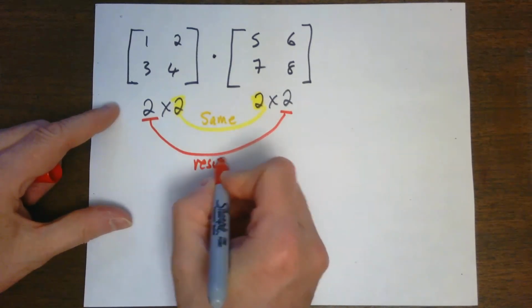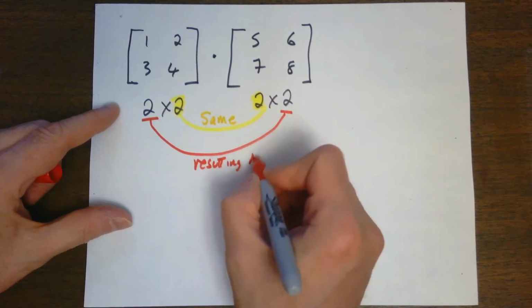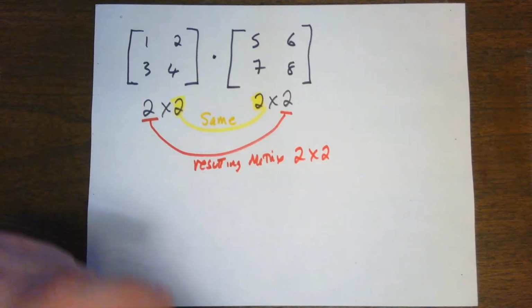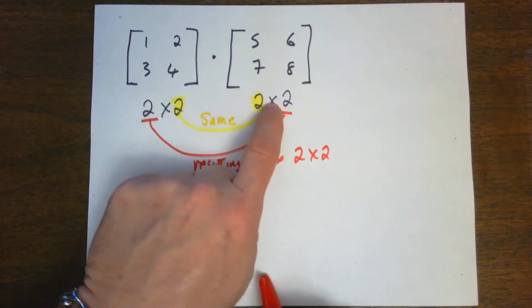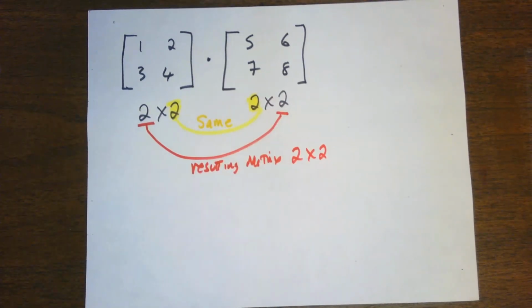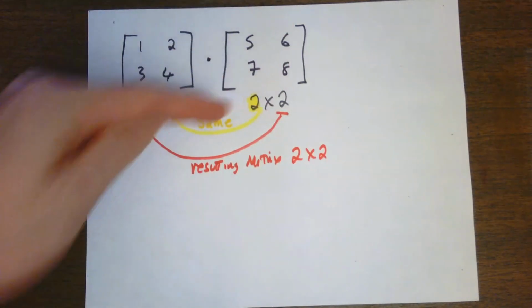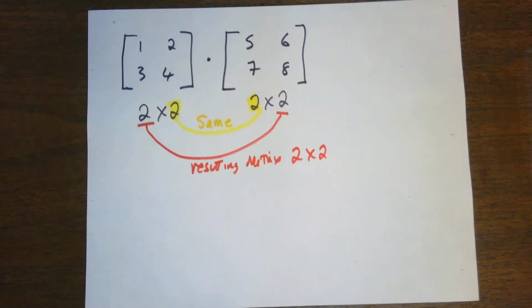The resulting matrix will be a 2 by 2. So I'm taking a 2 by 2, multiplying it by 2 by 2, and I'm going to get a 2 by 2. All right, so now let's actually do the work. And notice I use different numbers here, 1, 2, 3, 4, 5, 6, 7, 8, so that you can kind of track them and see what's going on here.